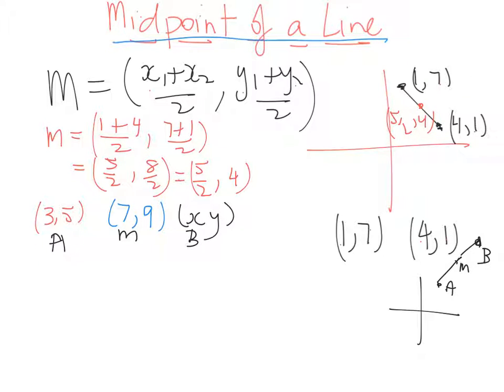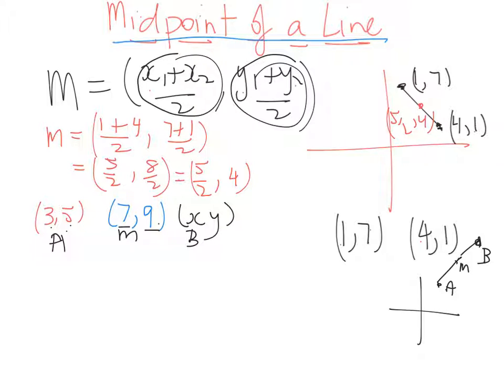So for that, what we do is we substitute this into that along with an x coordinate, and this into that along with a y coordinate. Okay, so let's do that.